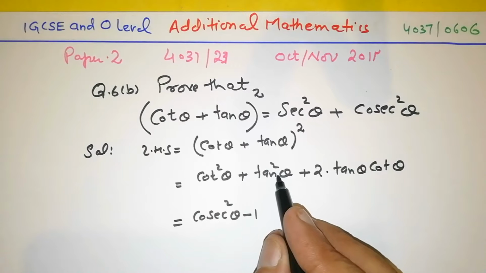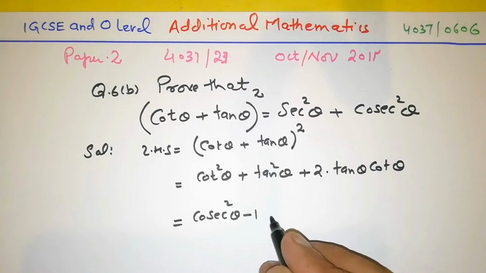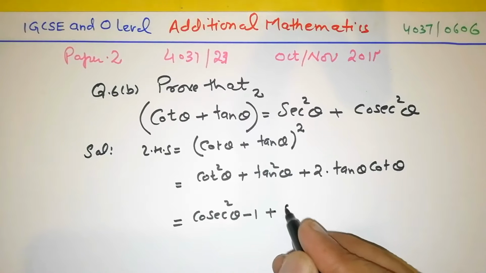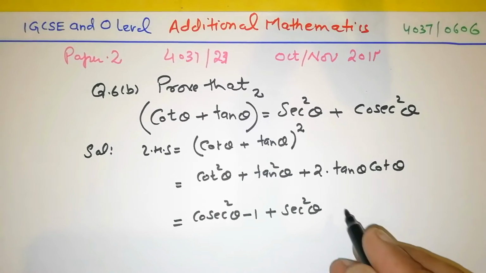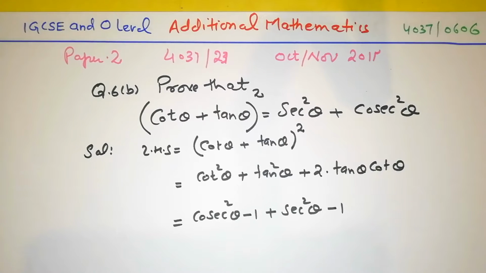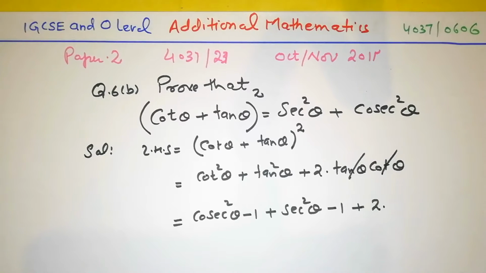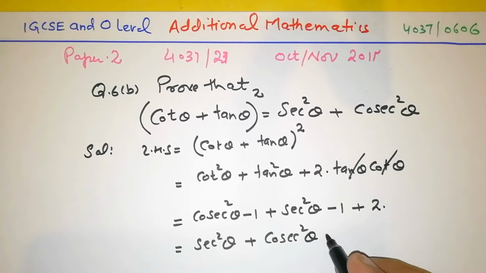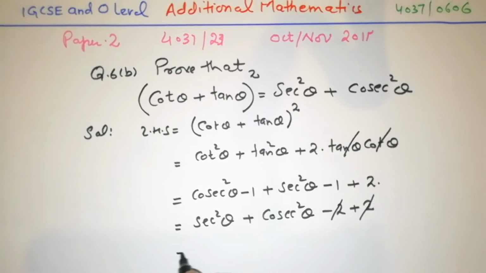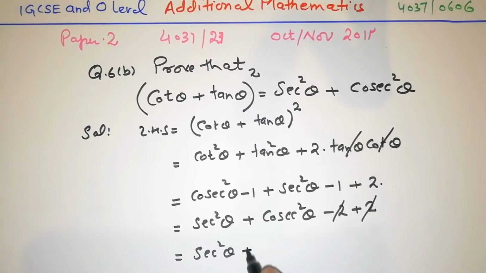Similarly, plus tangent square theta is plus secant square theta minus 1, and plus 2 because these two terms cancel out. So students, see here, this is secant square theta plus cosecant square theta minus 2 and plus 2. These two cancel. Therefore ultimately we have the right hand side, secant square theta plus cosecant square theta, that is our right hand side.